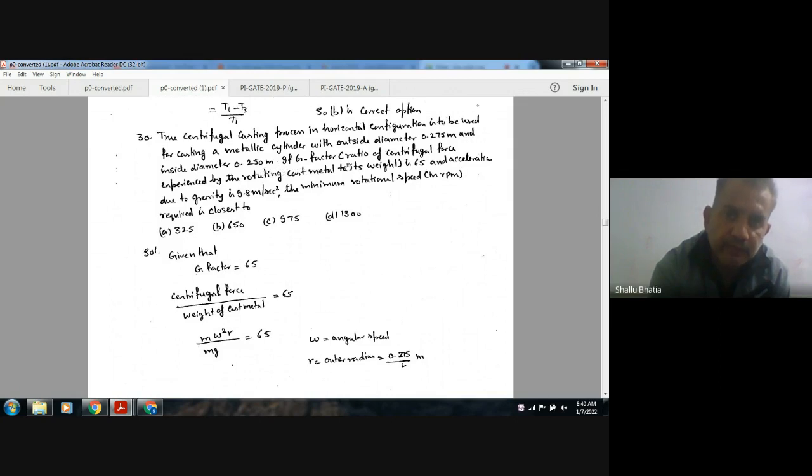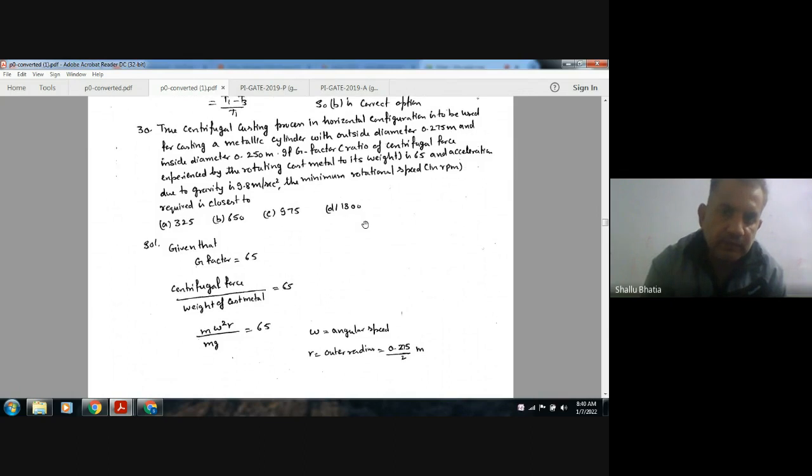The G factor, the ratio of centrifugal force experienced by the rotating cast metal to its weight, is 65. The acceleration due to gravity is 9.8 meter per second square. The minimum rotational speed required in RPM is closest to: option A 325, B 650, C 975, D 1300.